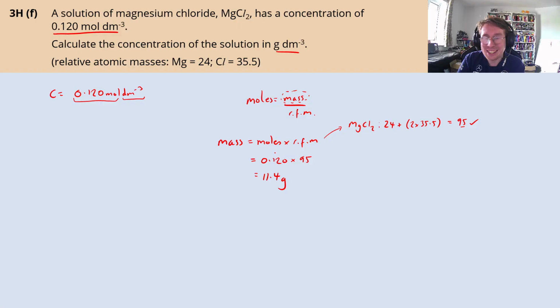And what we're saying here is if you have 0.120 moles in a decimeter cubed, you're going to have 11.4 grams in a decimeter cubed. Okay, so we're just using that same conversion, except we've got that per decimeter cubed on the end of it. There's no difference between the two really in terms of the actual manipulation of the numbers that you're doing. Hopefully that makes sense. Thank you very much for listening.